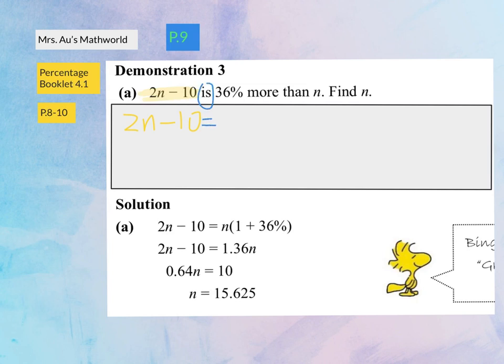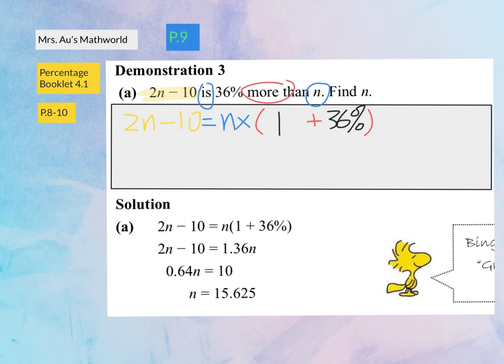For the rest it is actually the same. 36% more than n. When you see the keyword more than, we already know it is plus. So this time it is 36%. Remember 1 plus. So you can see we can form an equation very quickly.